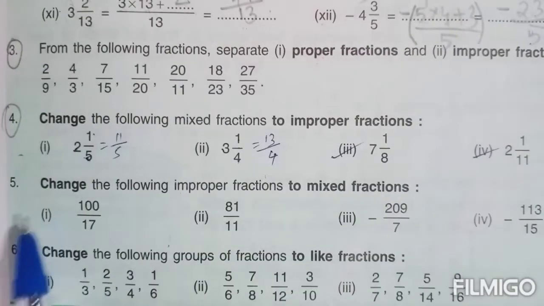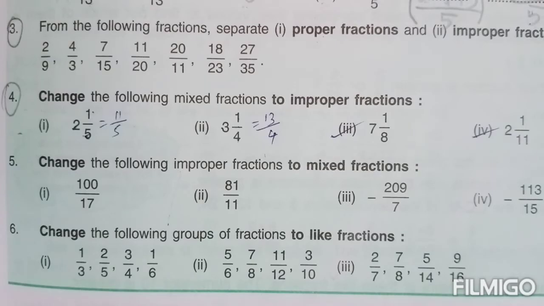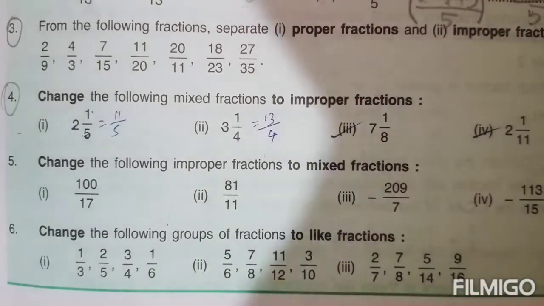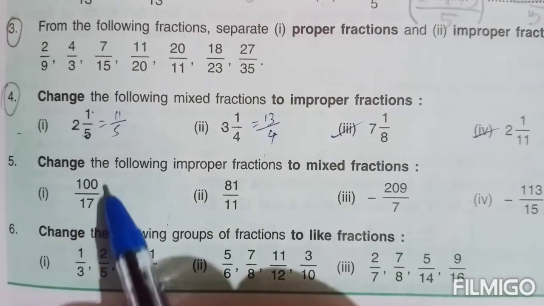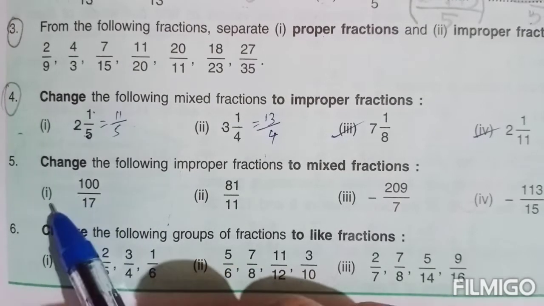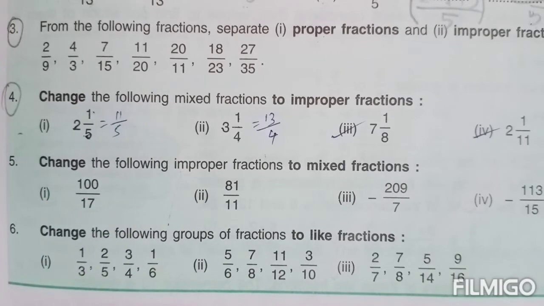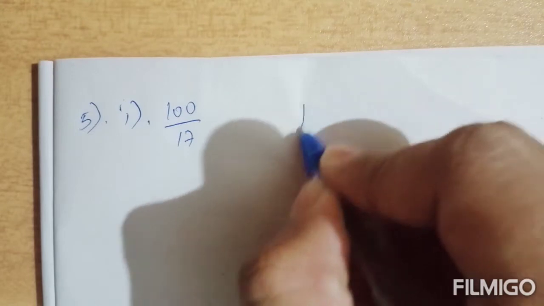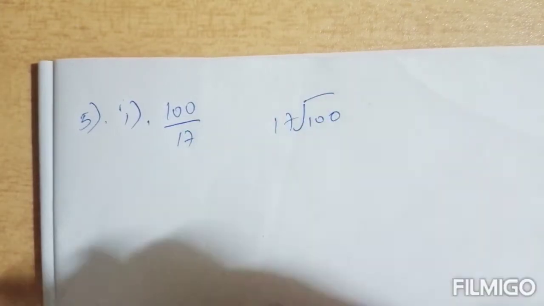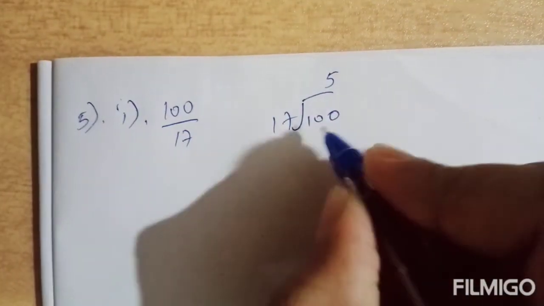Okay. Now fifth one, change the following improper fractions to mixed fractions. In order to convert an improper fraction to a mixed fraction, what we have to do? We have to do the division. First one, 100 by 17. So you just divide 100 by 17. 17 into 5 you will get 85.